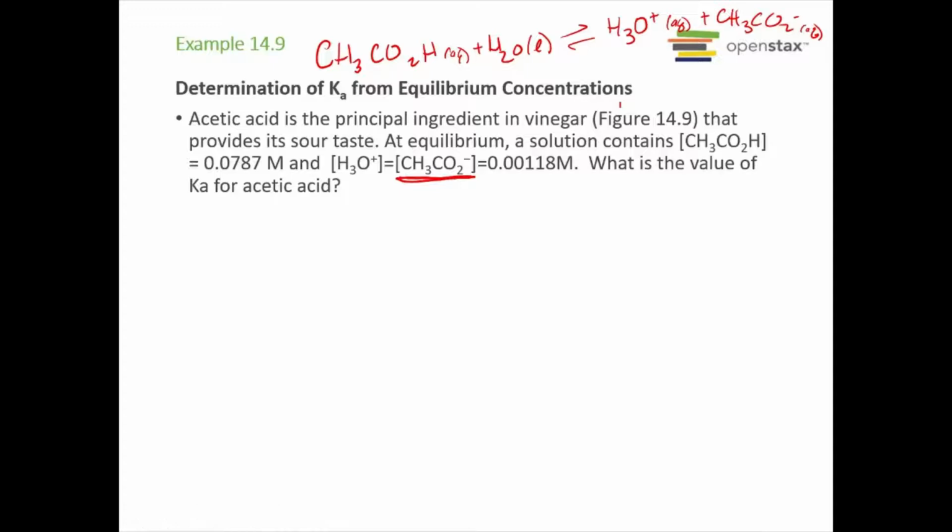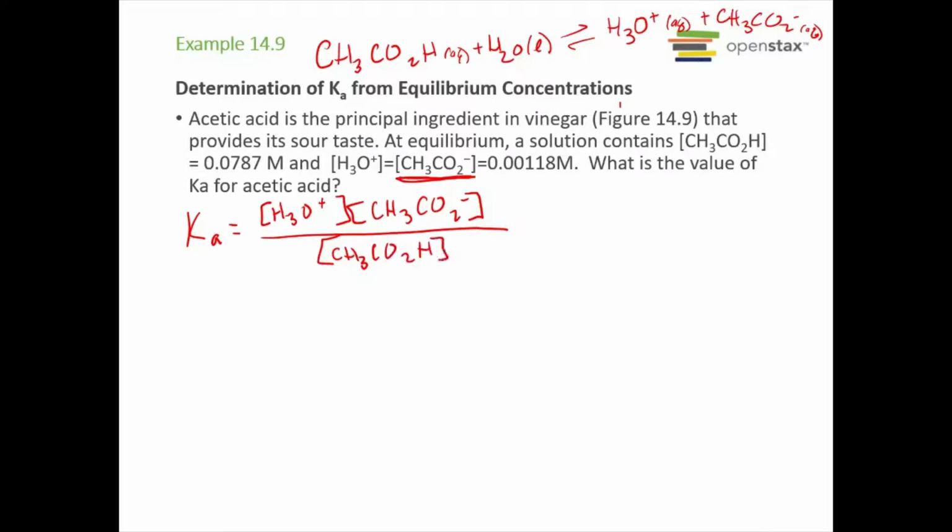So looking at that, our Ka is equal to H3O plus times CH3CO2 minus divided by CH3CO2H. And we were given all of these concentrations.